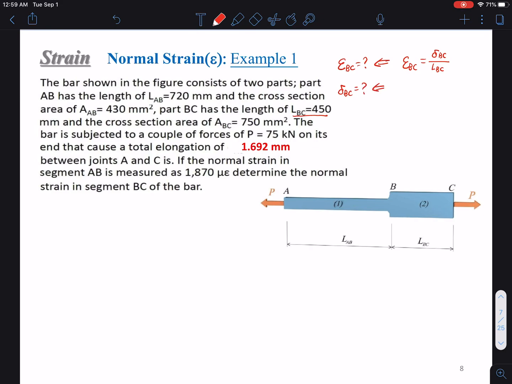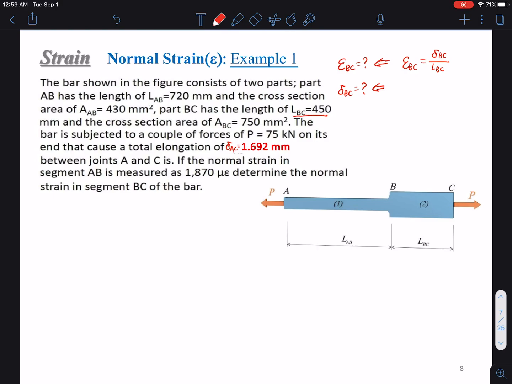How can we calculate delta BC? Delta BC is the elongation or length change of section BC. We have known the overall length change, that is delta AC, which has been given, 1.692 millimeter.